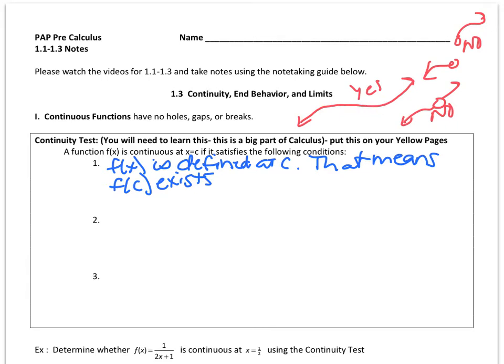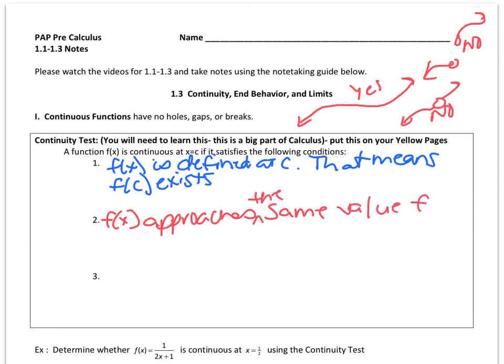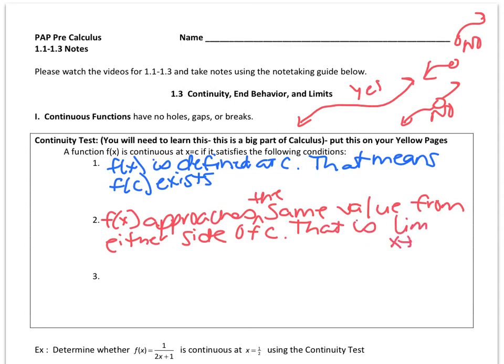Then step 2 is, we're going to talk about something called limits here in a second. F of x approaches the same value from either side of c. That is that your limit as x approaches c, so this is the beginning of limit notation, of f of x exists.